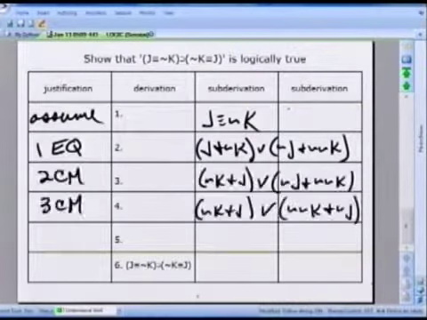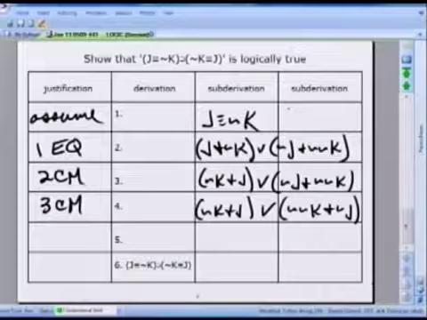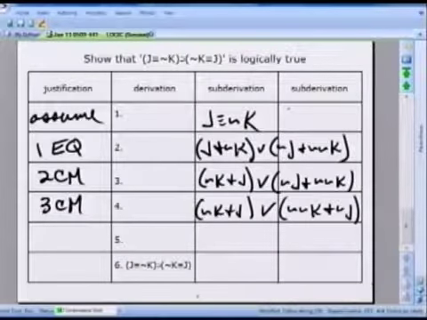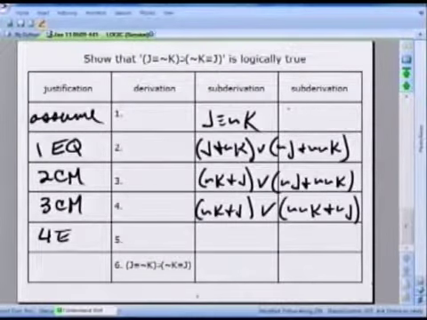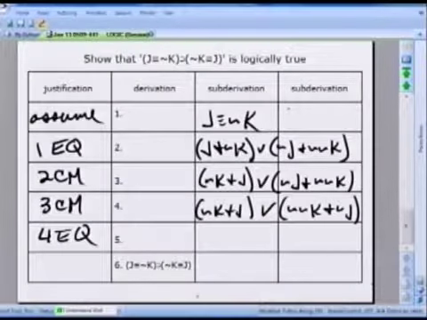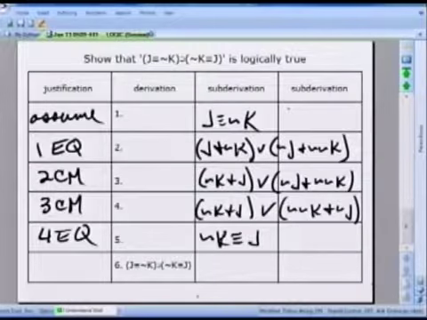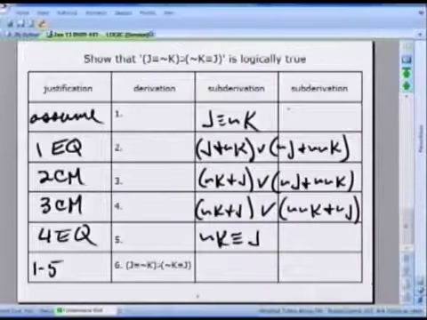Okay, then I'm in a position to go back and use EQ again, and now I can say curl K triple bar J, which is what I was trying to get, and then finally down here 1 through 5 by horseshoe implication.